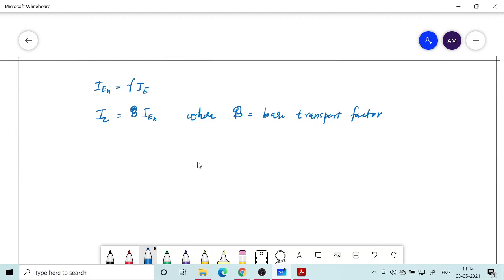That means it determines, if 100 electrons are diffusing into the base region, how many of them are getting collected by the collector, and how many of the rest will get recombined and constitute a base current. So this is what the base transport factor is specifying.